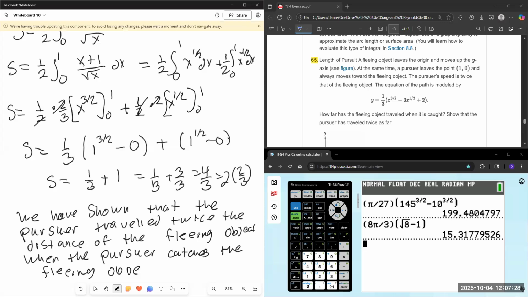So at that point in time, exactly at that point in time, the pursuer has traveled twice the distance of the fleeing object, which makes sense because they are getting to the same point in the same amount of time, and the pursuer is traveling twice as fast, so it needs to cover twice the distance in the same amount of time to get to the same point as the fleeing object at the same time.